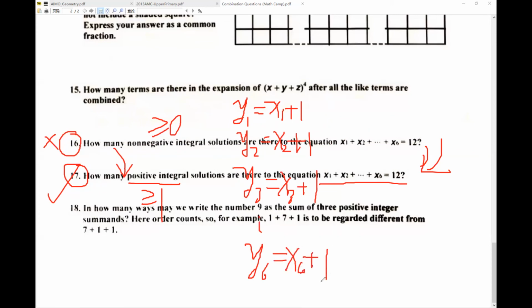So each of them is just plus 1. What do you see? All of y1 to y6 are greater or equal to 1. You see that?